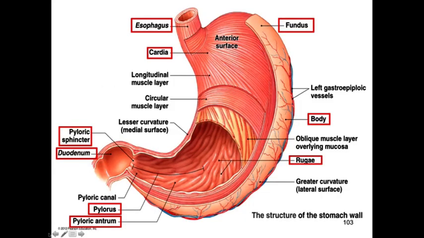When you look at the different layers of the stomach, you can see we have different layers of muscle: the longitudinal muscle layer, the circular layer, and then the oblique layer. These three layers of muscle can contract.